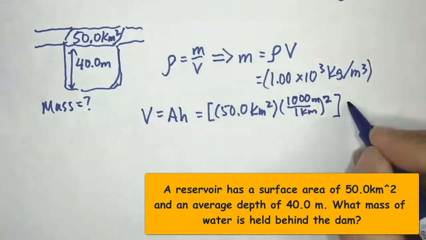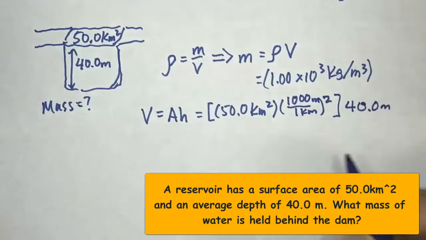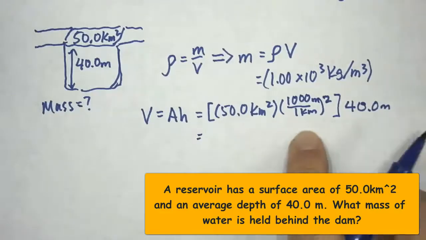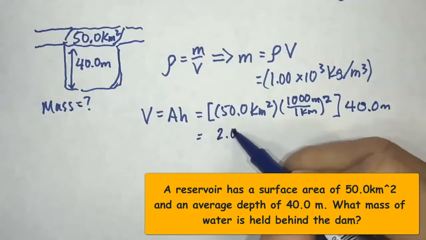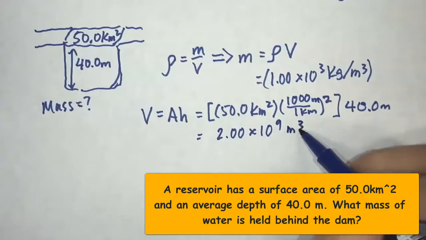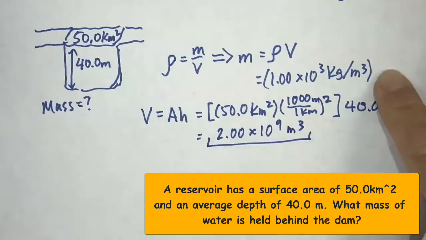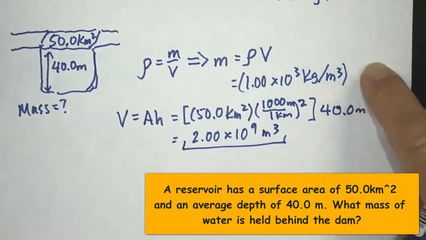The height of it is 40, okay? And then to calculate the volume, we're going to multiply this, and we get 2.00 times 10 to the 9th meters cubed. Okay, so I'm going to just go ahead and bracket that because I'm going to put that number into my calculation up here.